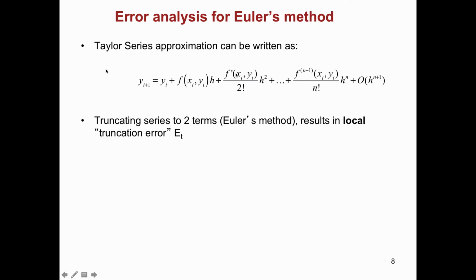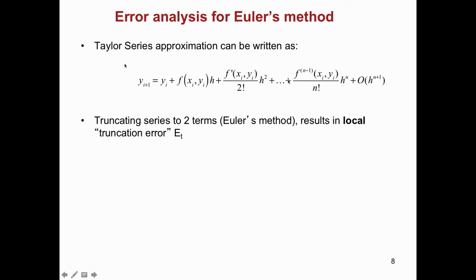So if this is my method, then this is the error I'm making. At each step I basically don't compute this part because it's higher order, it's expensive for me to compute. So when you truncate, you have a truncation error here, right? Truncation error is the error that we get when we approximate formulas and simply cut off a certain part of the formula.